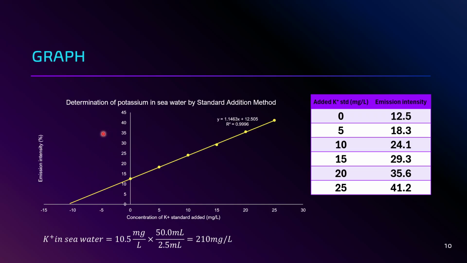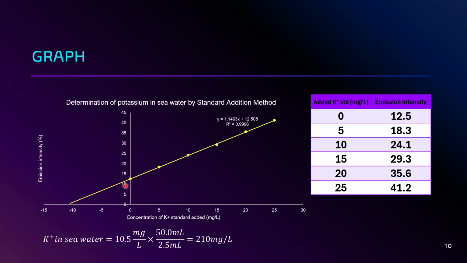You should not be starting your graph right from the beginning, because we know that these are the standards, concentration of standards, and even when we have not added anything, potassium was there in the seawater. So this line must give you an intercept, and this height of that intercept tells you how much potassium was there in the diluted seawater sample.